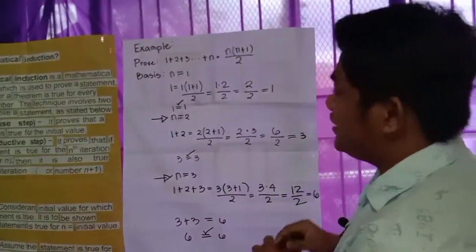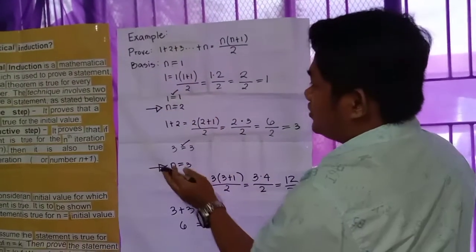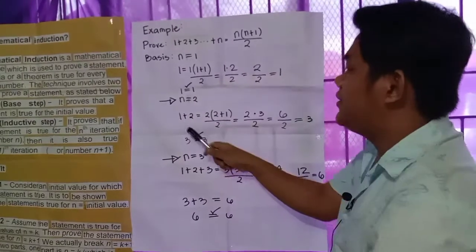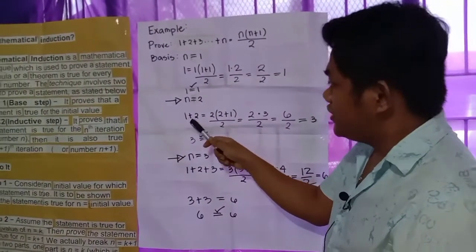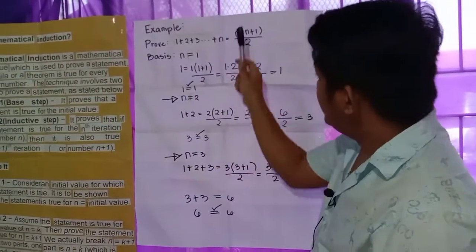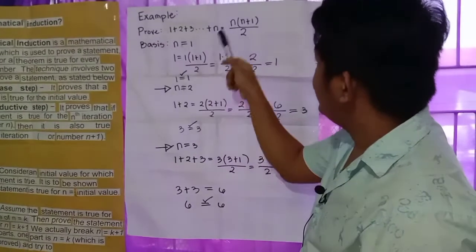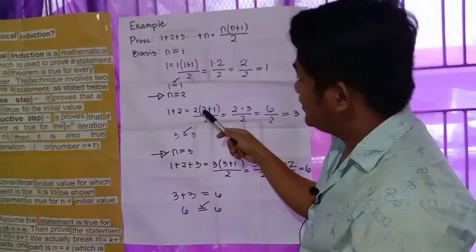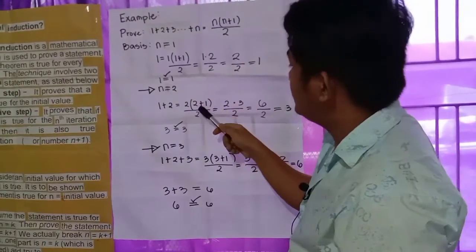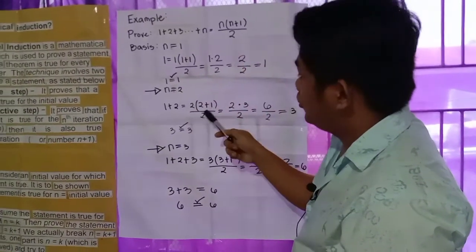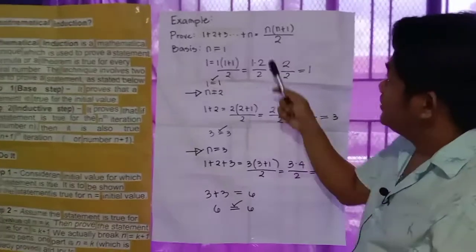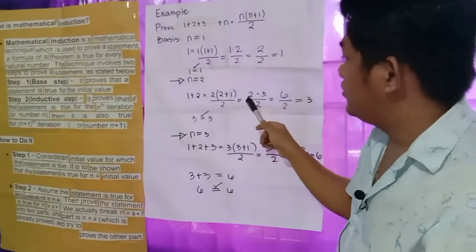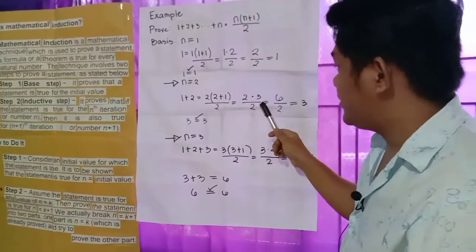So next is 1 plus 2. So, you need to write the second term, n equals 2. So, 1 plus 2 equals 2 n. Substitute n in the second term, n is 2. Then open parenthesis, n equals 2, plus 1. So, 2 over 2, equals 2, copy the 2, 2 plus 1 equals 3.